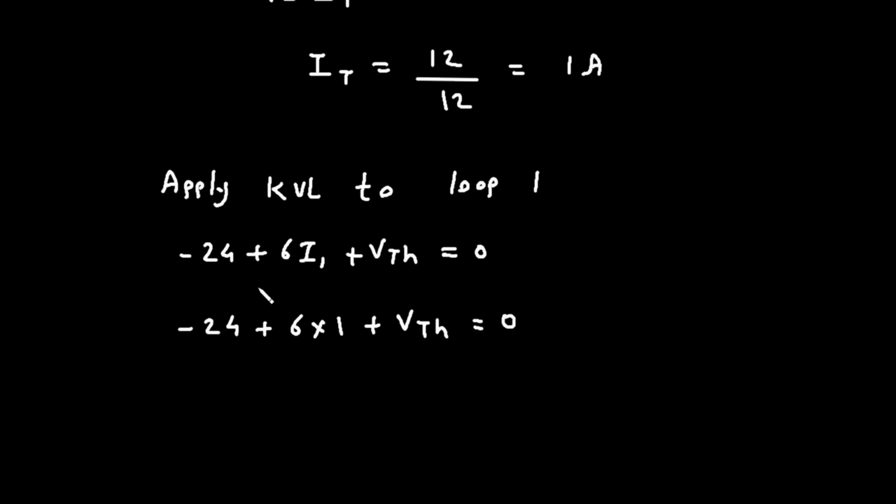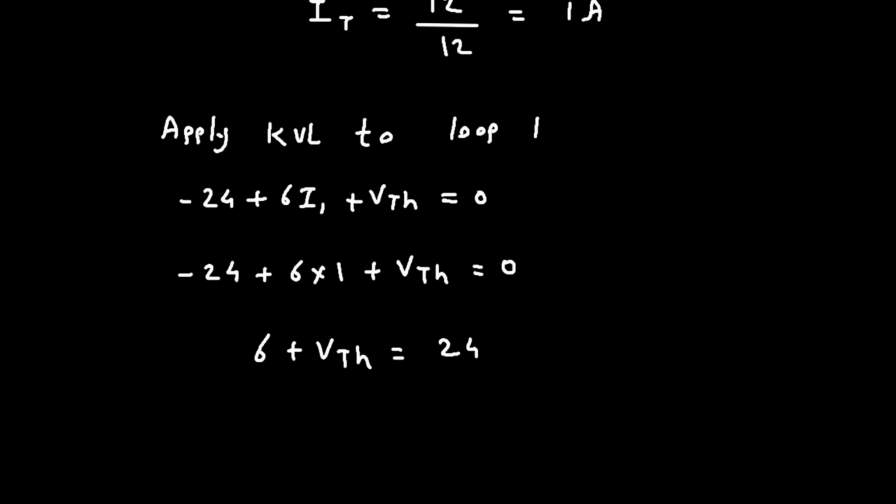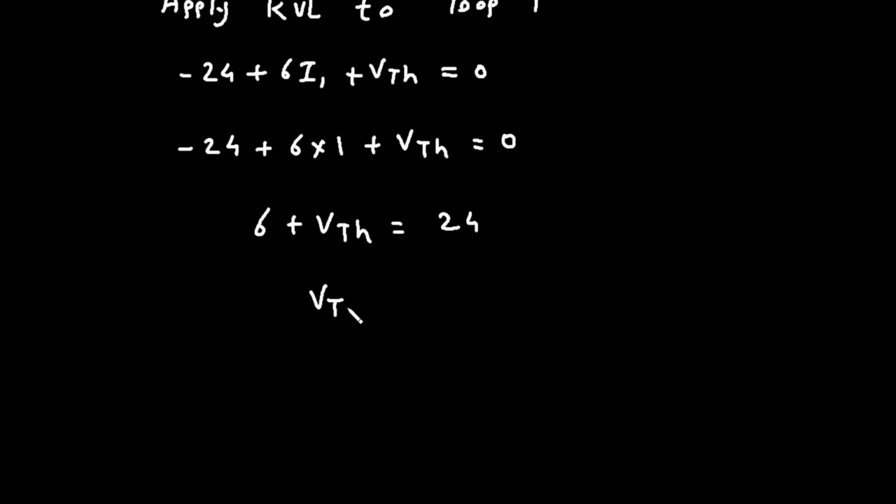Now if we take this on right side, so it will be 6 plus VTH is equal to 24, and this VTH is equal to 24 minus 6. So therefore VTH is equal to 18 volt.